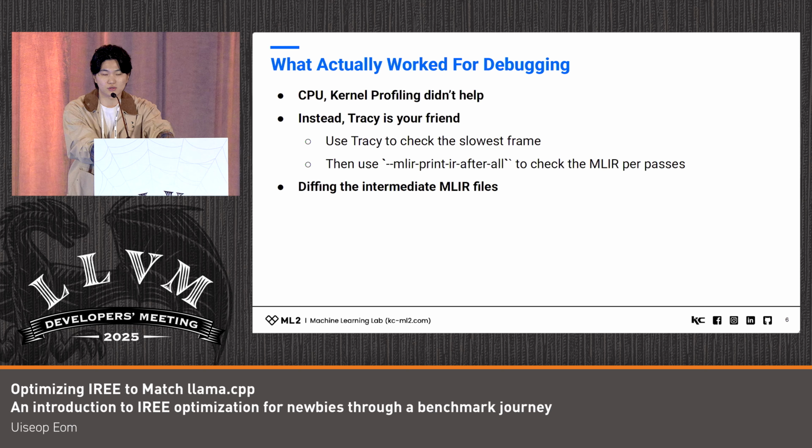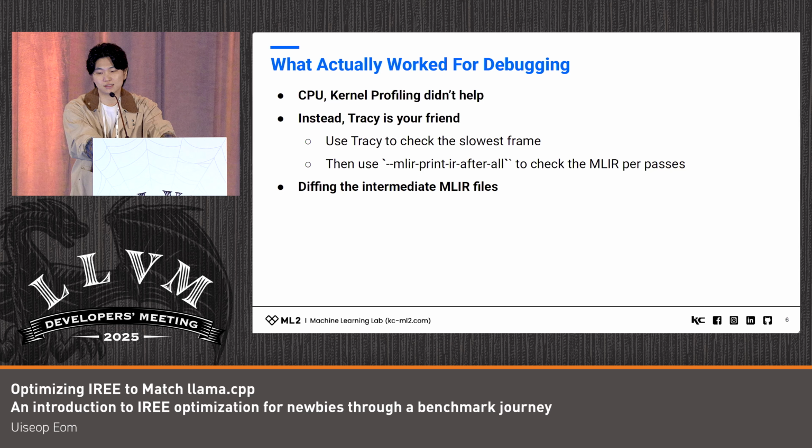So using Tracy to debug the slowest frame, and then using the MLIR print-ir-after-all option, which is an MLIR option that IREE also has, helped in finding the MLIR ops and the basic blocks that were hindering performance.